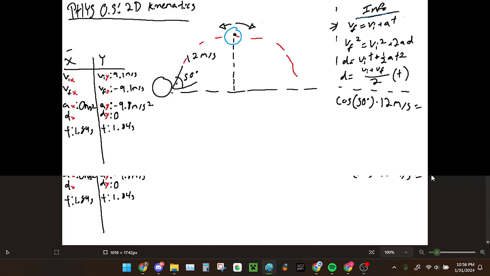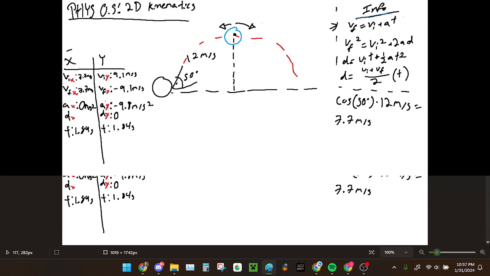Cosine 50 times 12 will equal 7.7 meters per second. With this, we can input 7.7 meters per second as both the initial and final velocity, believe it or not, because our acceleration will be 0, so there will be no variation within the velocity.